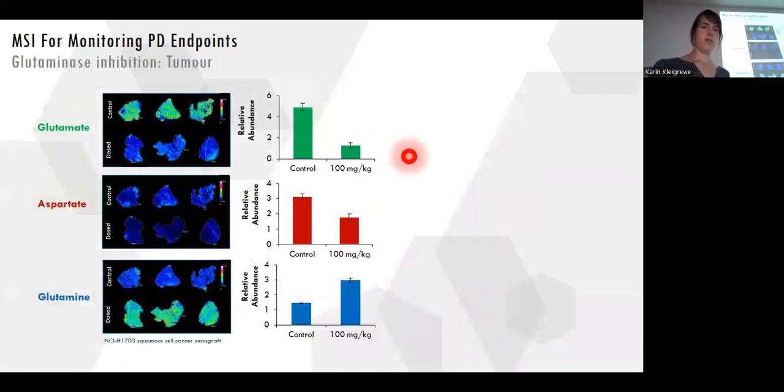So those are the results here when they've given that drug to a mouse and compared control versus those tissues here. It actually looks quite promising. I'm getting confused here.